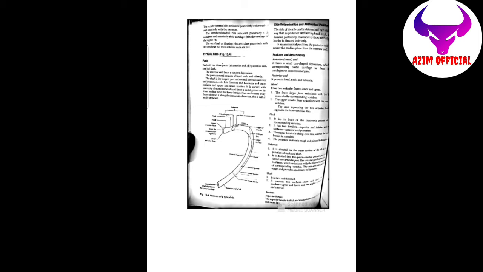So the side of the rib can be determined by holding it in such a way that its posterior end, having head, neck and tubercle, is directed posteriorly, and its concavity faces medially. The concave part will face medially as it is in your body, and its sharp border is directed inferiorly. You have to hold it as in your body, a little sloppy.